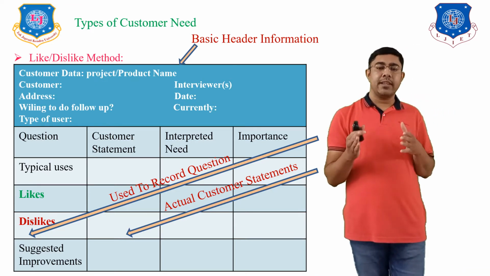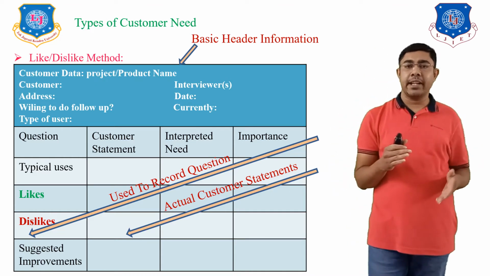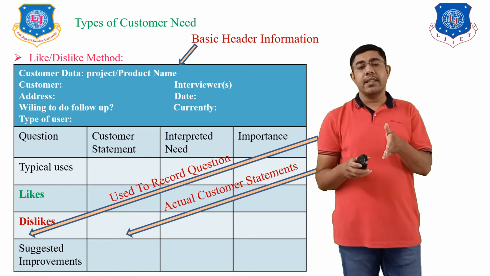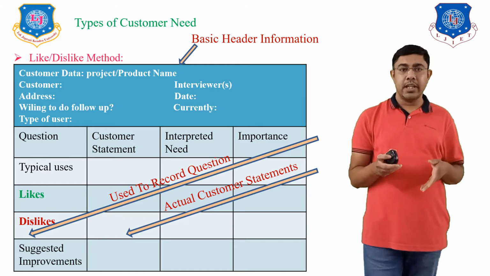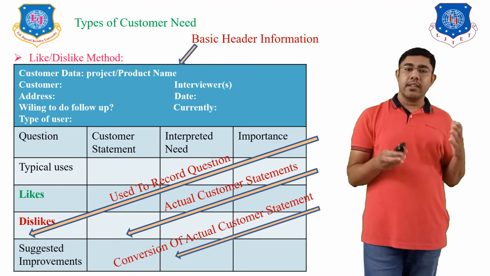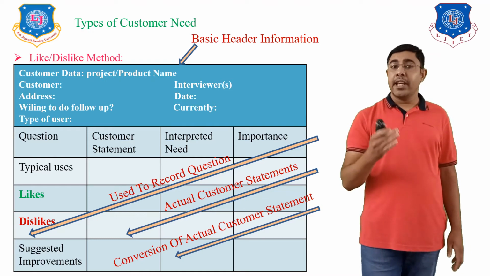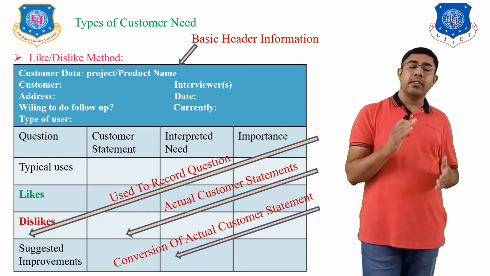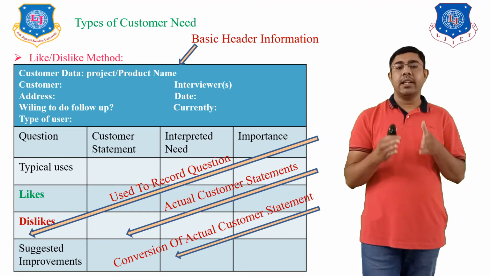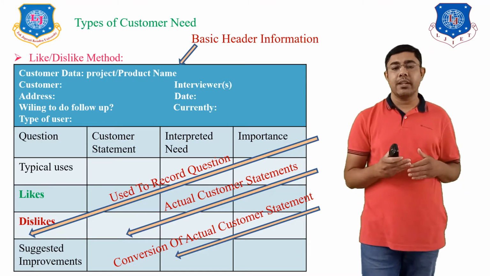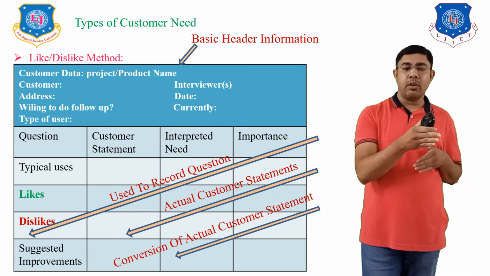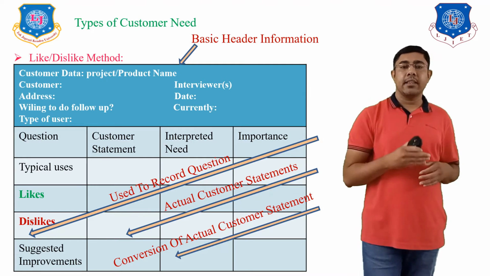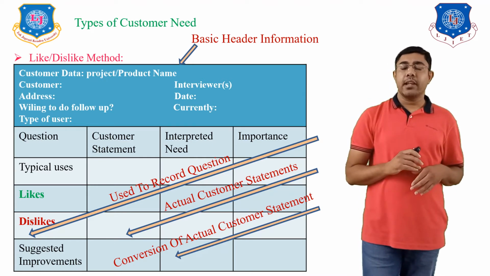Whatever customer statement is recorded in the second column has to be interpreted and converted into the customer need, and that is mentioned in the third column. The fourth column is the importance.